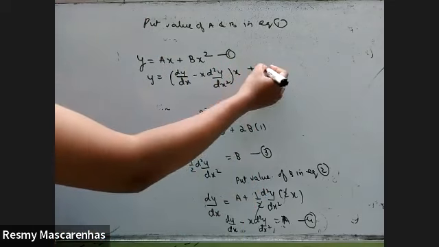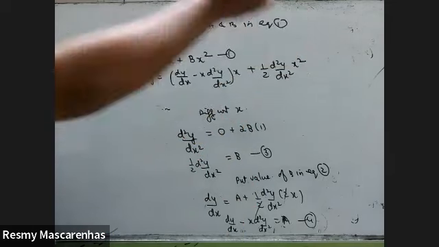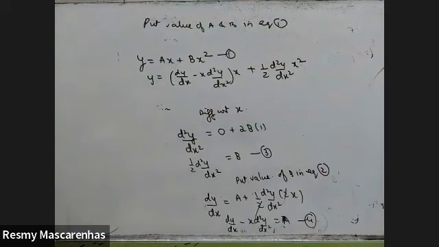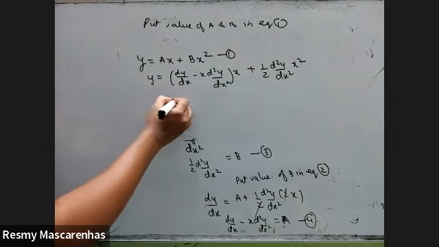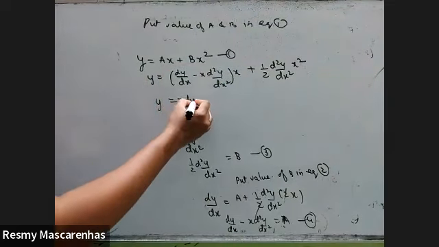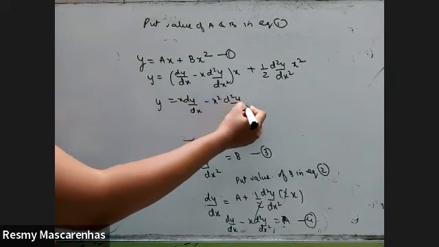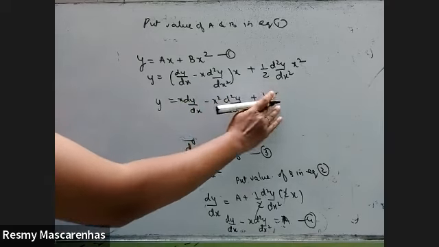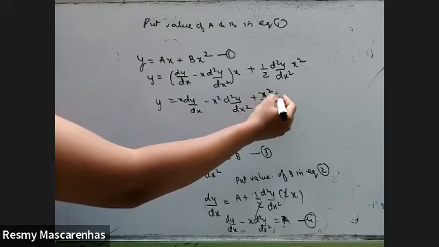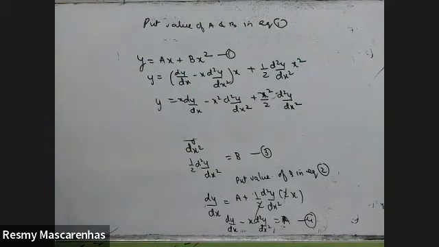And b is this. Now you have to open up and solve. Multiply inside. Right, like this.